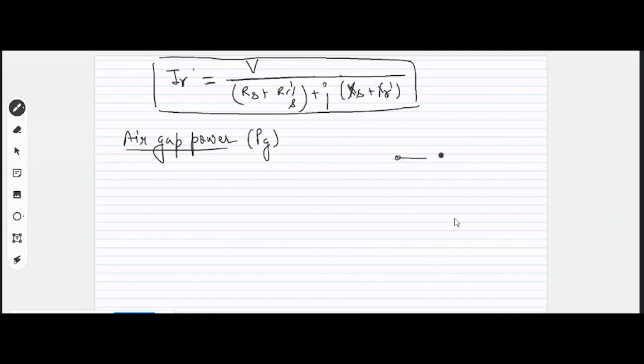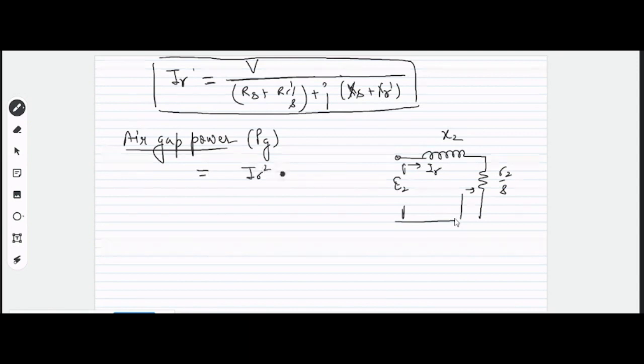So if this is the rotor circuit, which we have learned will have a reactance X2 and a resistance R2 by S if EMF E2 is being applied. Because of this E2 there will be a current IR. So the power that will be transferred to the rotor circuit will be equal to IR square into R2 by S. This will be the per phase power.